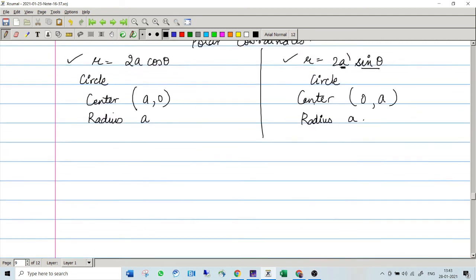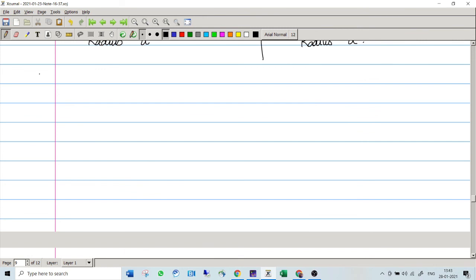So you can try a few examples. Given that you have your equation in terms of xy equal to 2, you may try to convert it into the polar form of the equation.